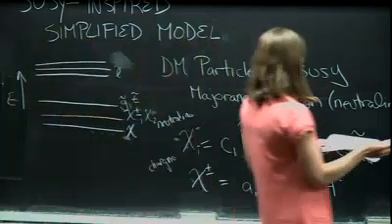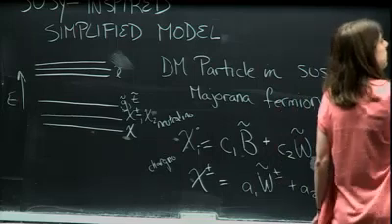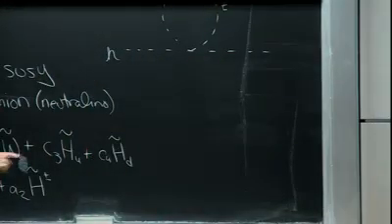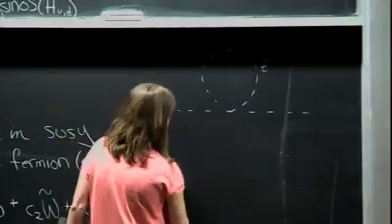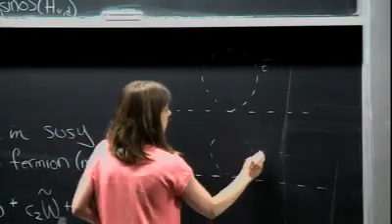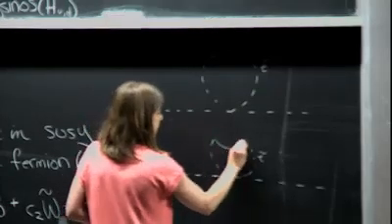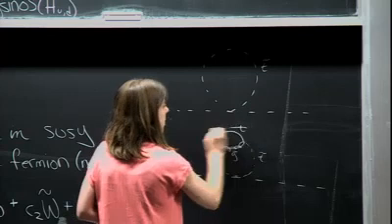And the reason for that is that they give loop corrections to the Higgs mass. So the stop gives this correction to the Higgs mass. And then in addition, there's a higher order process where I get a gluino in here and a top.